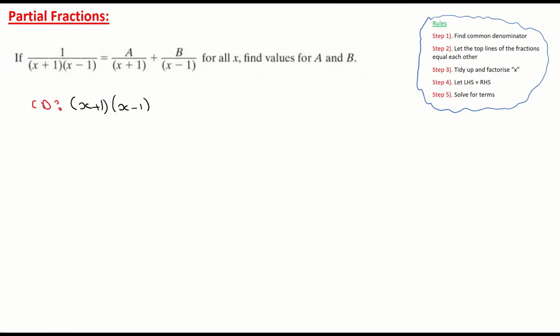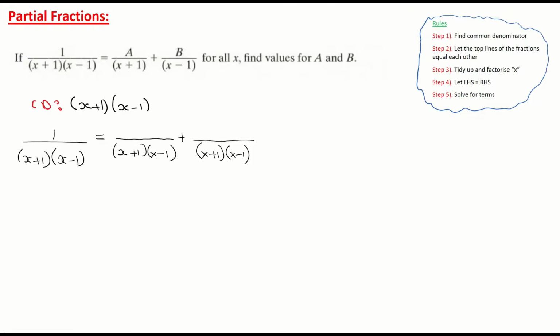So I'm just going to write out my question here. So it's 1 over x plus 1, x take 1. And then it's equal to, and I'm now going to write out my two fractions again, but with my common denominators. So it's my x plus 1 times my x minus 1, x plus 1 times my x minus 1.